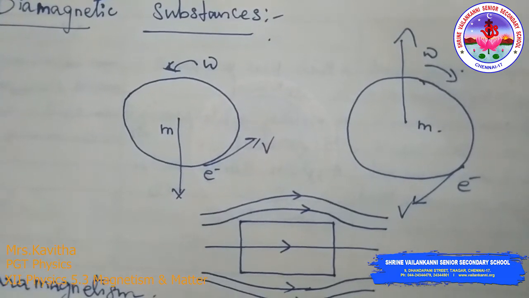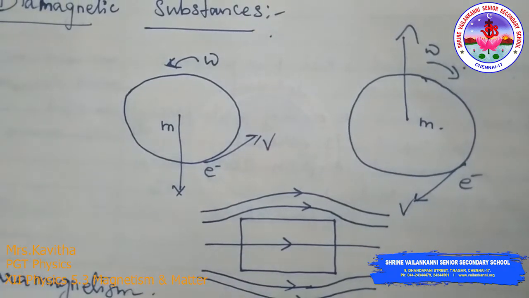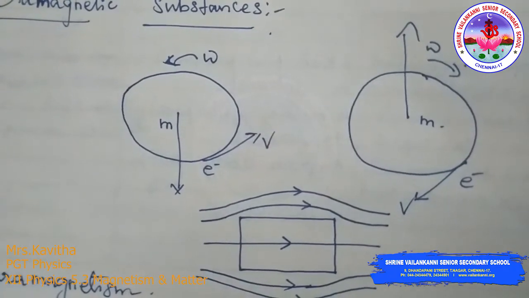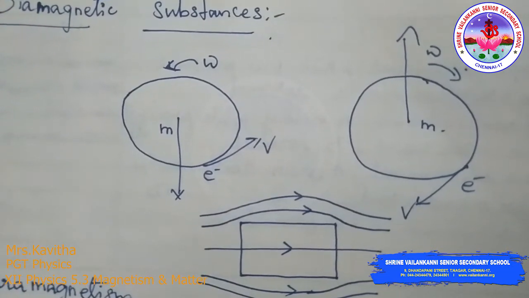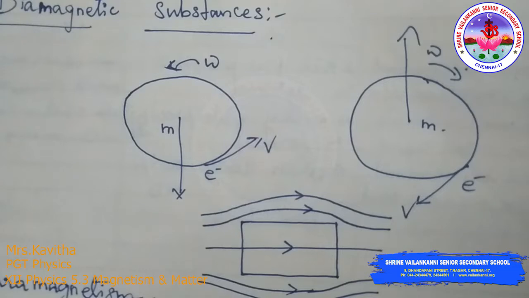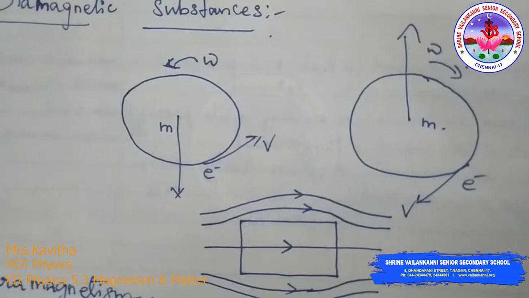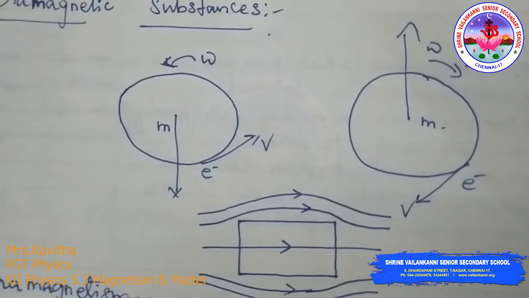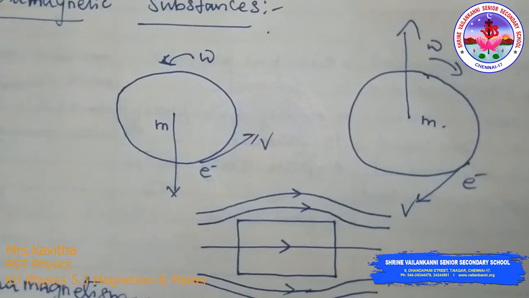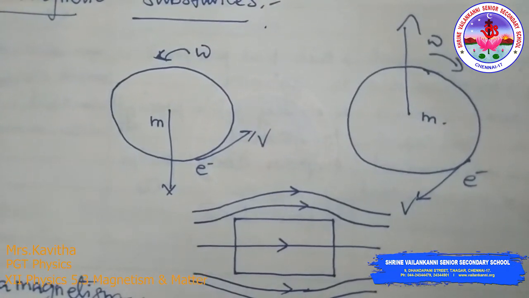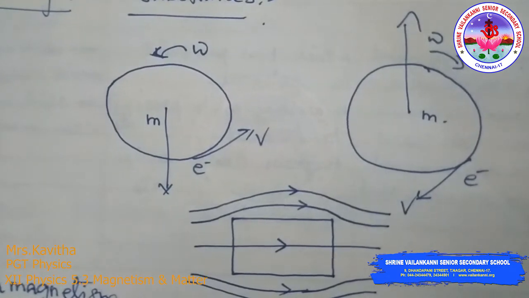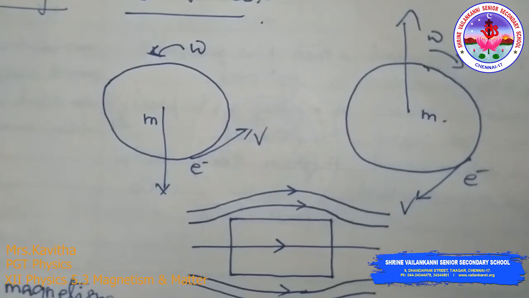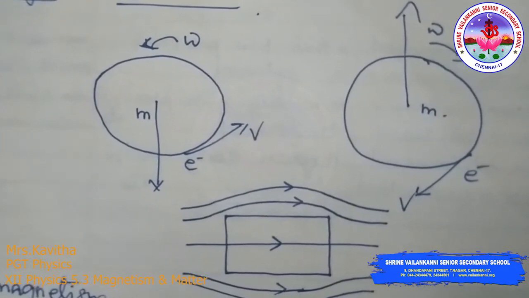A net magnetic moment is induced in the diamagnetic sample in the opposite direction of the magnetic field, as in the definition. The sample moves from the stronger to the weaker part of the magnetic field. That means the diamagnetic substance is repelled by the magnet. This is the behavior of the diamagnetic material. It is also independent of temperature.